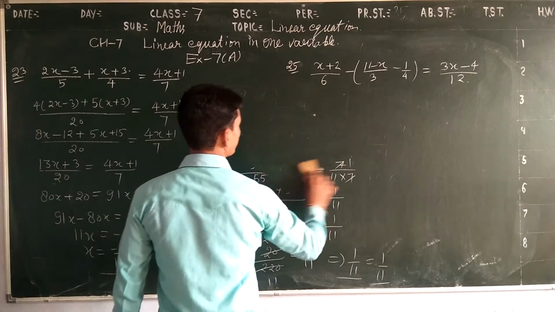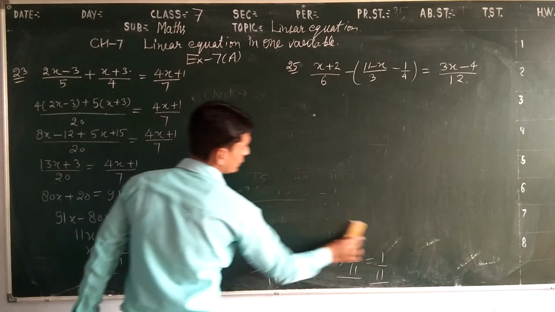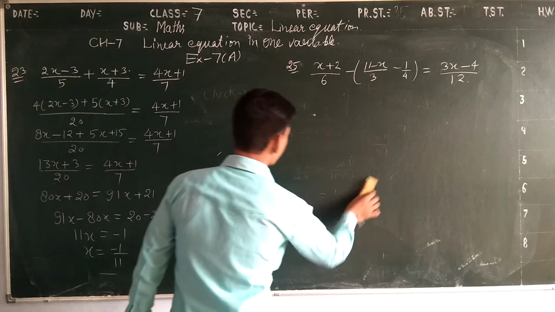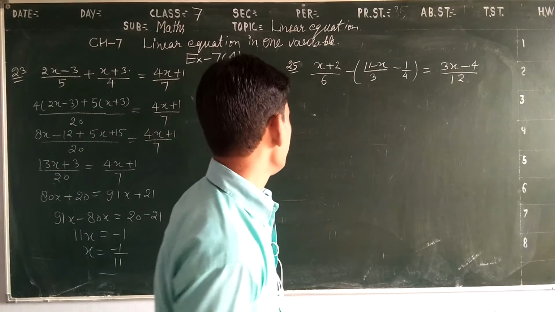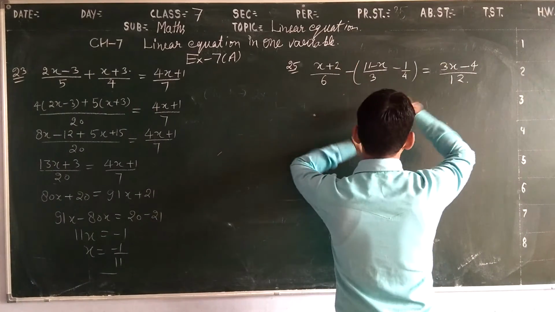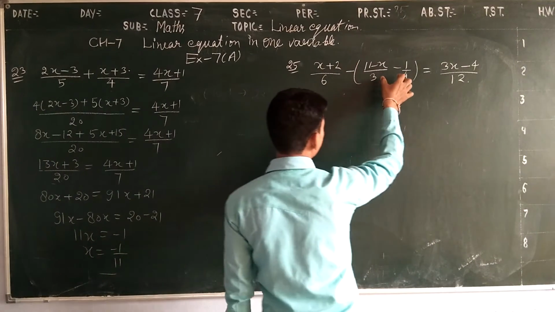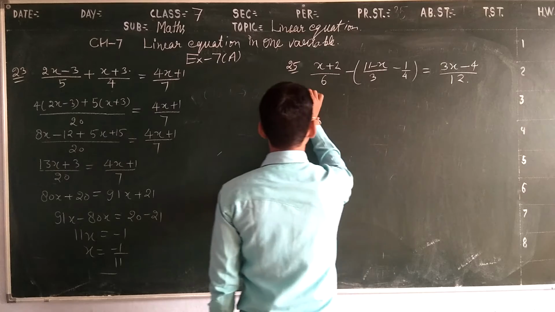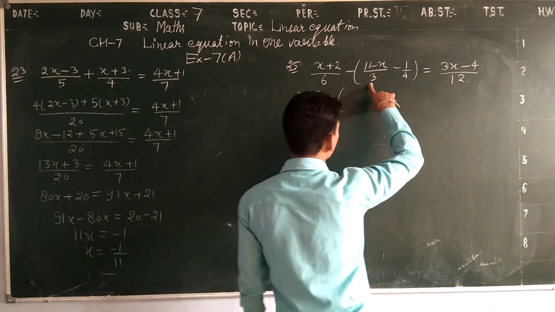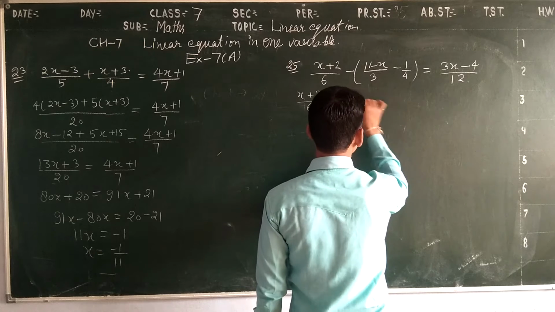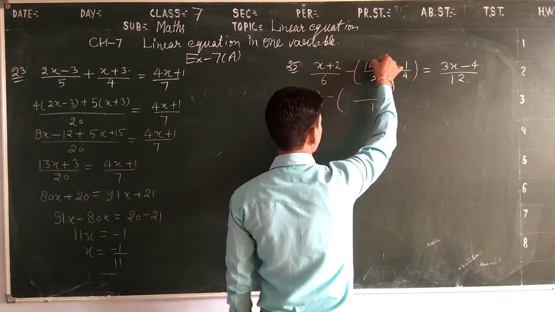Question number 25 is this. So see question number 25. First of all we solve this small bracket, means first of all we take the LCM of 3 and 4. So x plus 2 as it is upon 6. LCM of 3 and 4 is just 12. So 3 4s are 12, so multiply by 4.